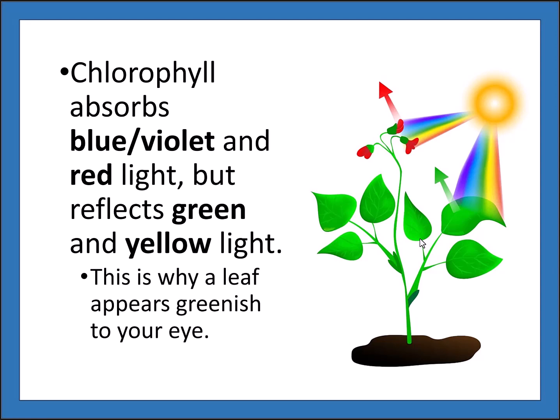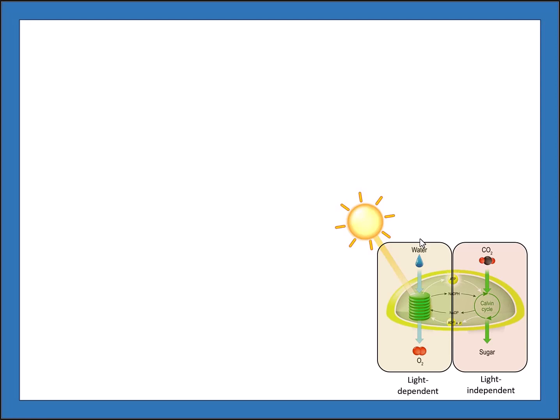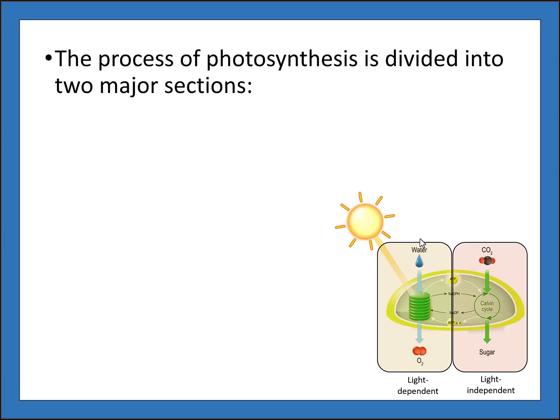So what is happening with that light that's actually being absorbed into the chlorophyll in the plant? That's what the chlorophyll is there for. It's a pigment that's absorbing the light energy. What's it doing with that? Well, this process of photosynthesis that's happening in the chloroplast, and the chlorophyll is being stored here, remember, in the thylakoids.